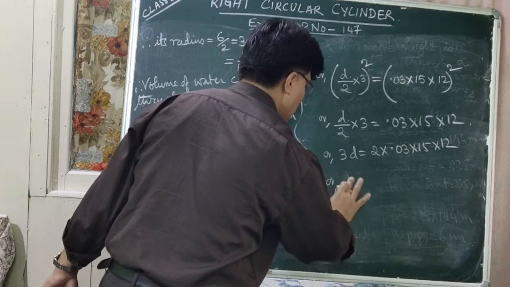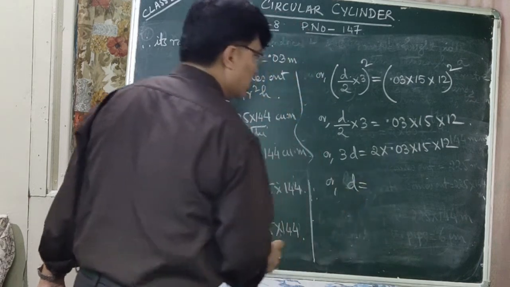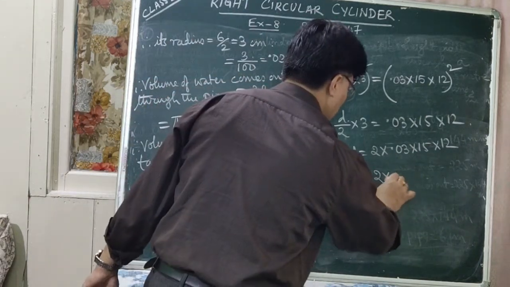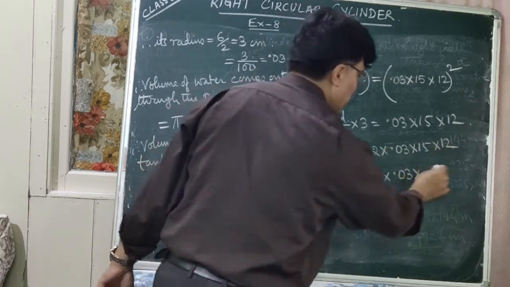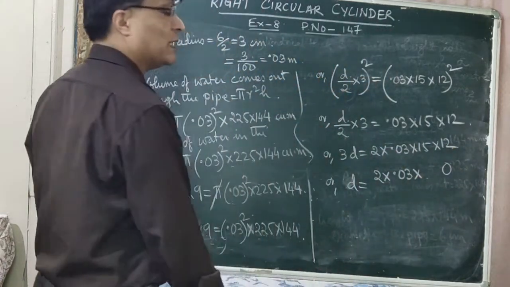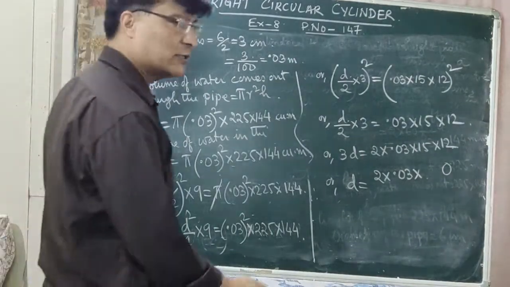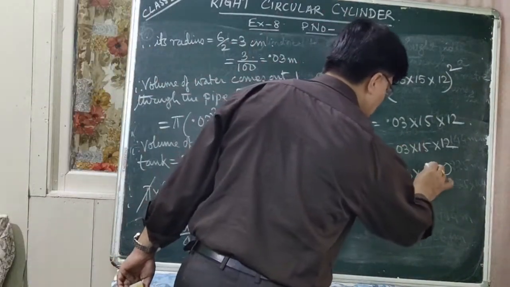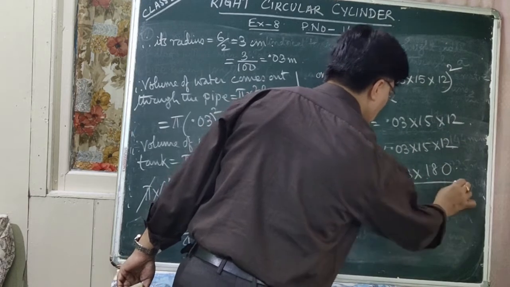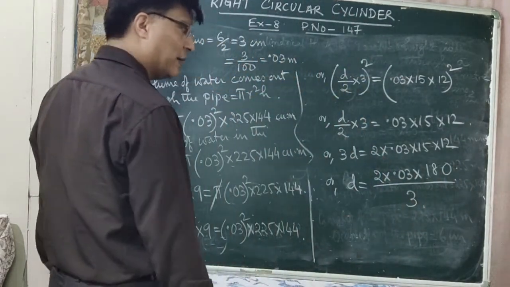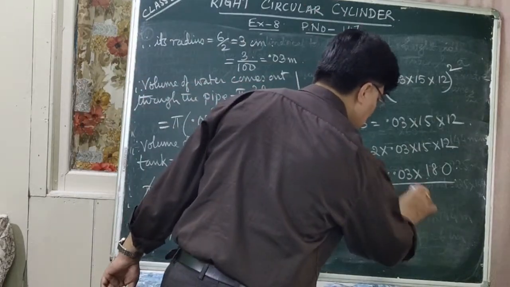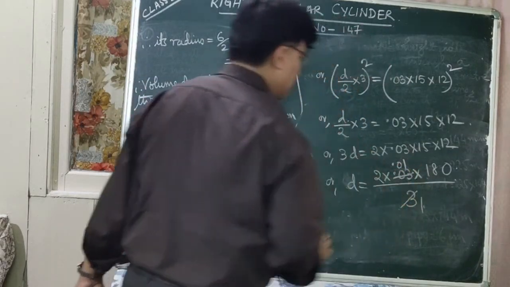Or what is the value for d now? D is equal to 2 into 0.03 into, you can multiply this 12 5s are 60, 0, 6. 12 1s are 12 plus 6 is 18. Whole divided by, this is your 3. Right? So you can cancel here, 3 1s are 3, 0.01.